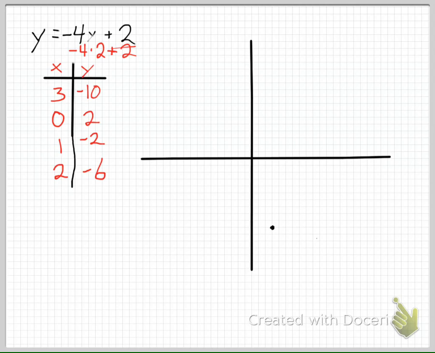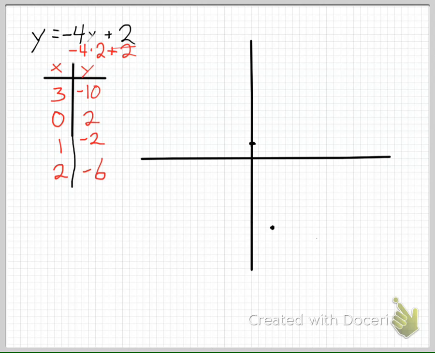All right. Our next point that we have on our list is 0, 2. So I'm going left or right none, and up 2. What is that? So, y-intercept. Yes, 0, 2 is also our y-intercept. All right, so there's a point that's on our line.